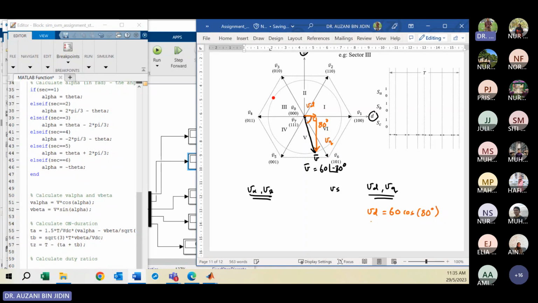And your VQ will be negative because it is below the D axis, the real axis. So here it will be negative, the magnitude multiplied by sine 80 degrees. Okay, clear? Okay, for V alpha, V beta.